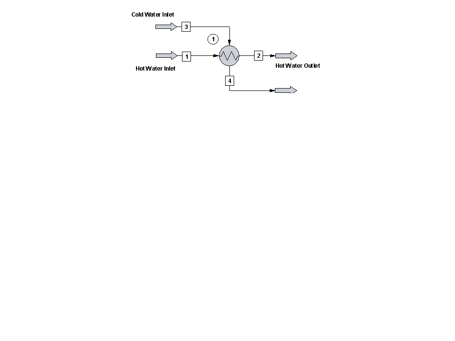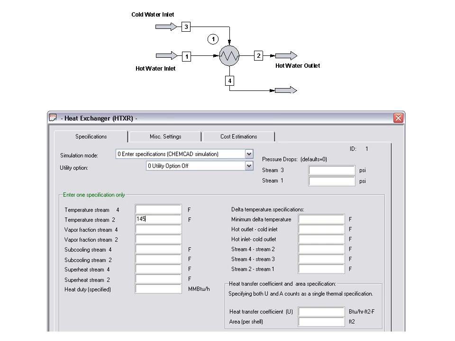The next thing we need to do is specify how the heat exchanger is going to operate, and we do that by double clicking onto the heat exchanger, and the following menu comes up. Here we want to specify the outlet temperature of stream 2, that is our hot water outlet, so that it is at 145 degrees Fahrenheit.